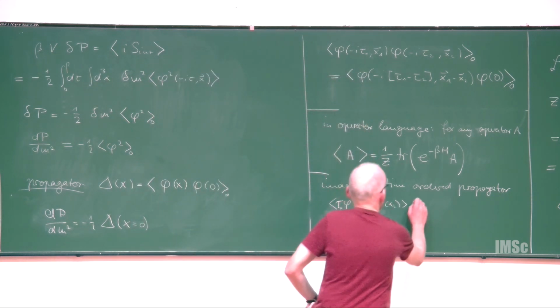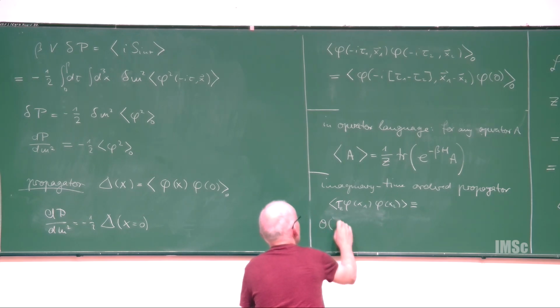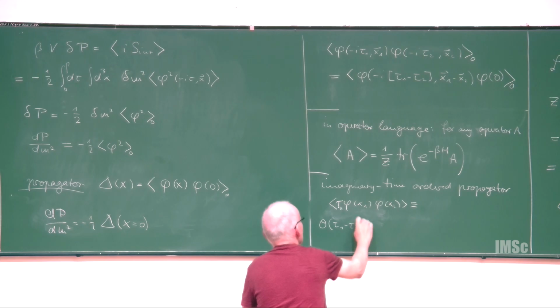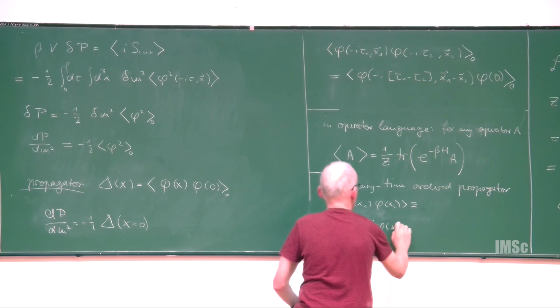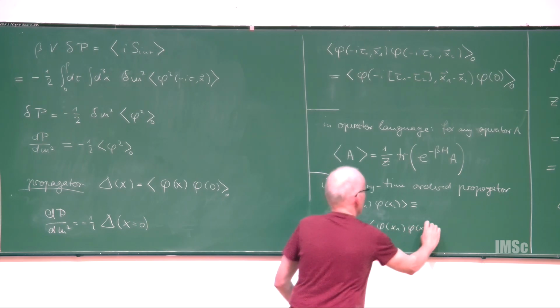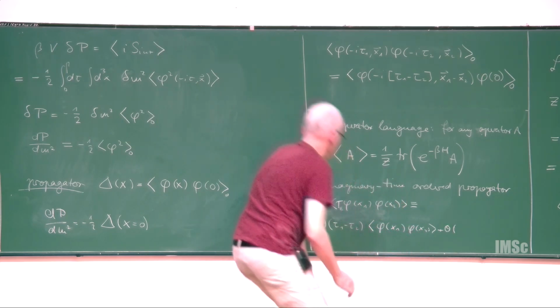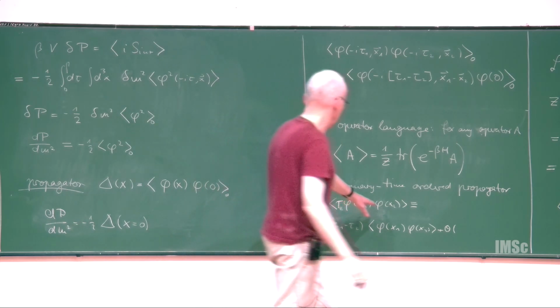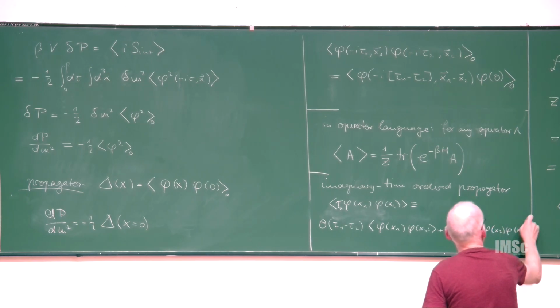That is defined as theta of tau 1 minus tau 2 times the expectation value of phi x1, phi x2, plus, if tau 2 is the bigger time, then phi of x2 comes first, so theta of tau 2 minus tau 1 times phi x2, phi x1.